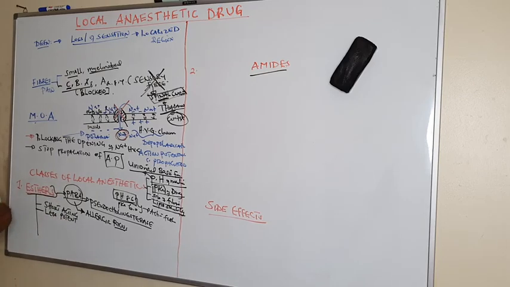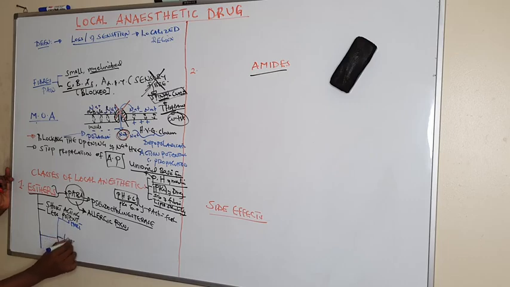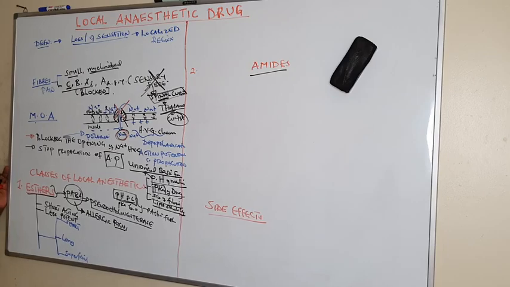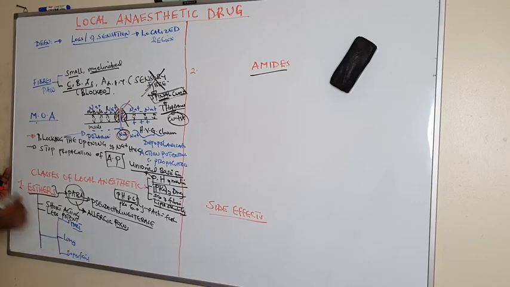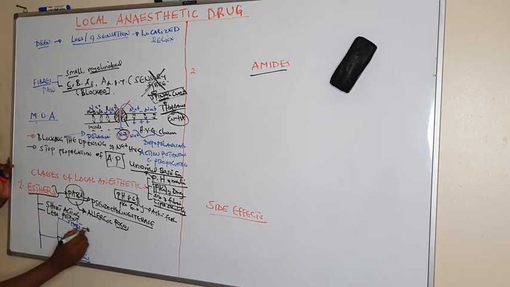And examples of these drugs: we are going to see that they can be classified into three, whereby we have the short acting, the long acting, and the superficial. Those which have short action, those which have long action, and those which act superficially. Among the drugs that are short acting, we have procaine.